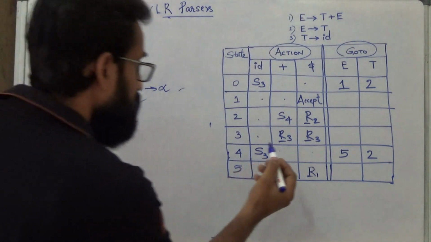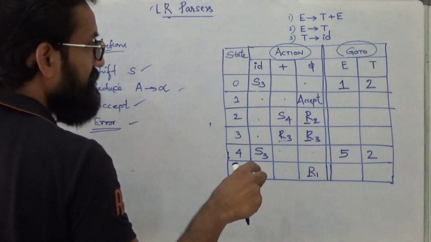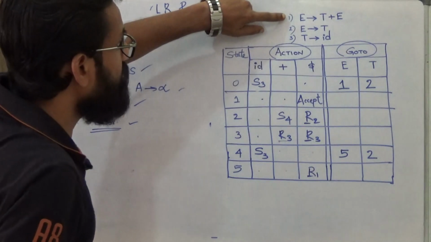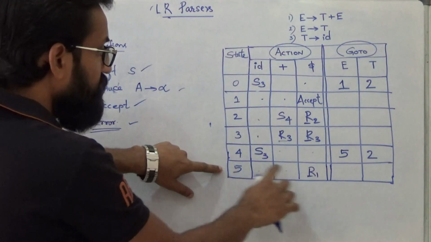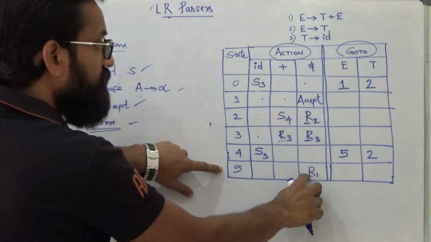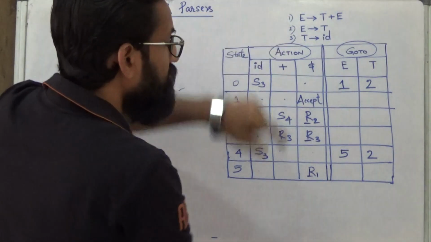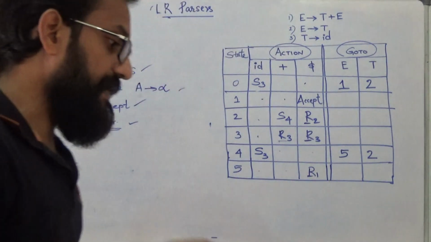For example, if it accesses R3, it will reduce by applying production number 3. We have labeled the productions using numerals 1, 2 and 3. If the parser accesses this location, it represents reduction using production number 1. So that is what I meant by the action part.